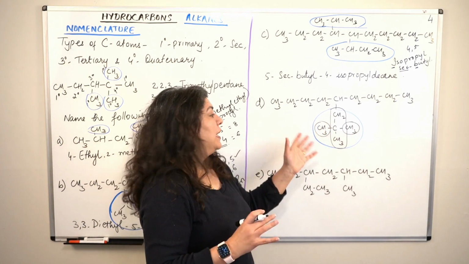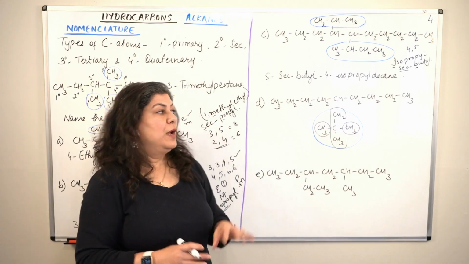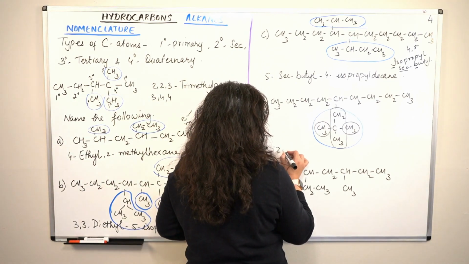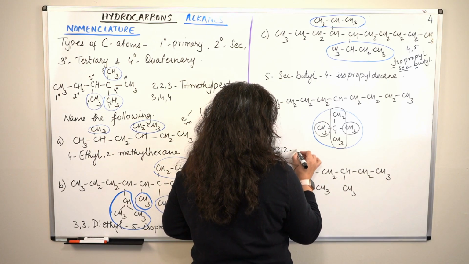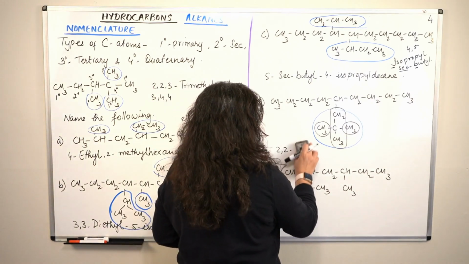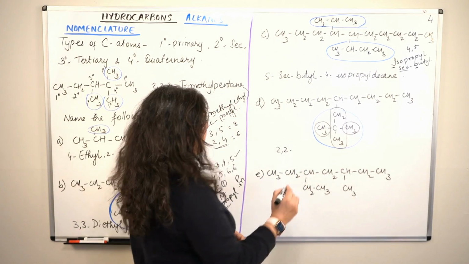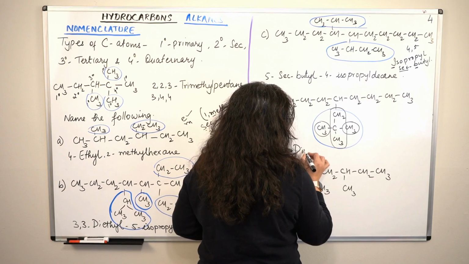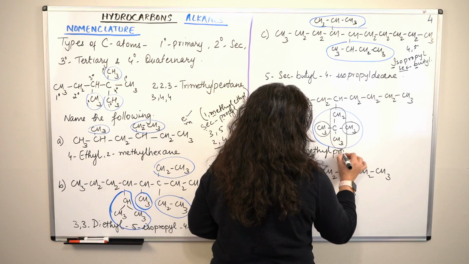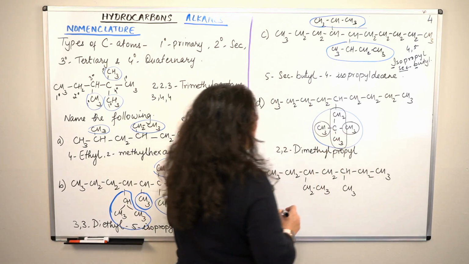So 2,2-dimethyl propyl. The name of the entire substituent would be 2,2-dimethyl, or since I'm starting the entire name here, I'll start with a capital. 2,2-dimethyl propyl.